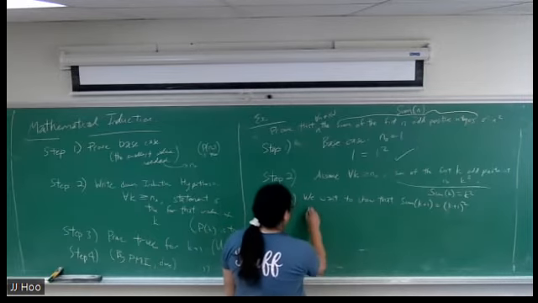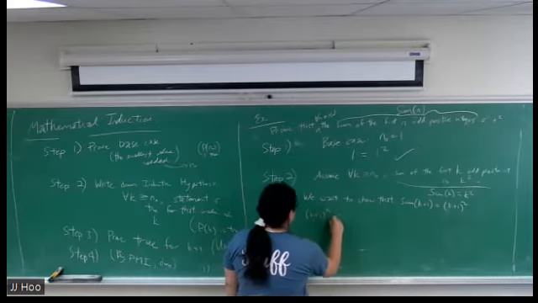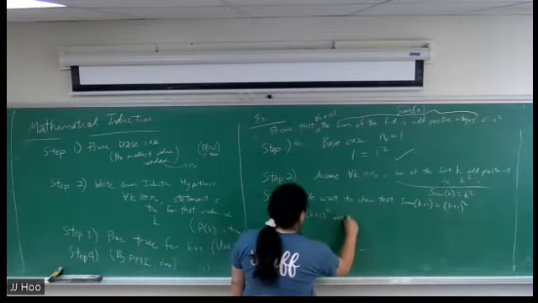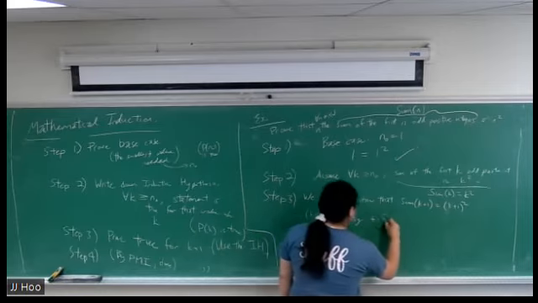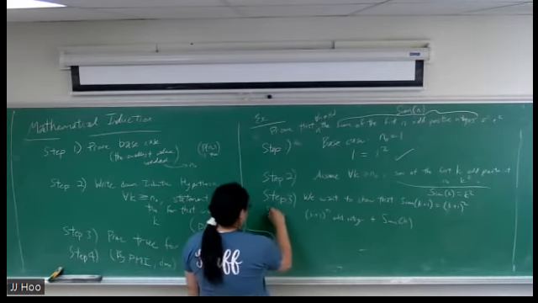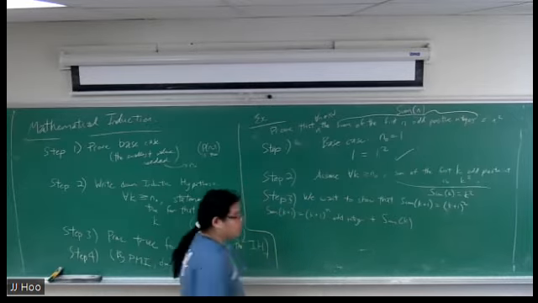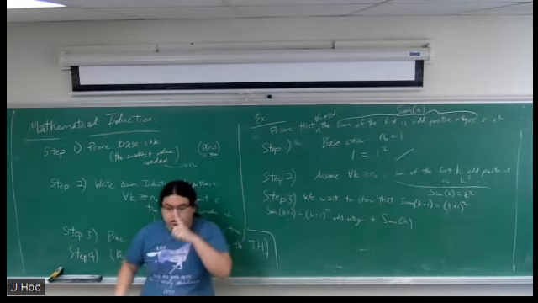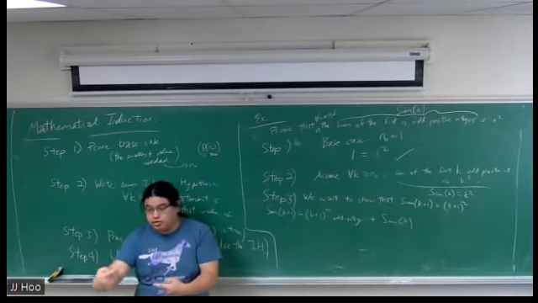It's really the k plus 1th odd integer plus sum k, right? And this is sum k plus 1. But what's the difference between each odd integer? It's just 2, right? How do I get from one odd integer to the next? I just add 2, right?